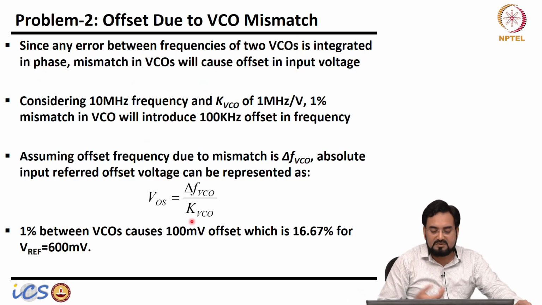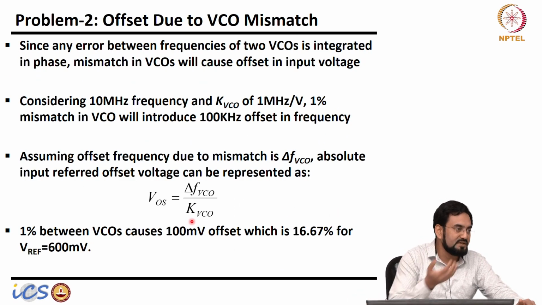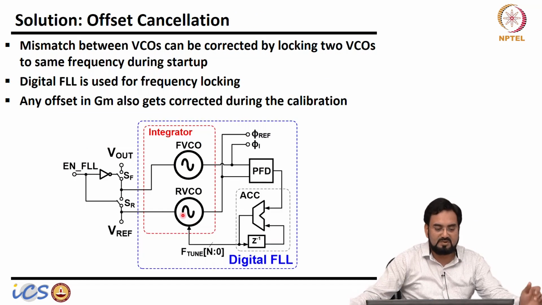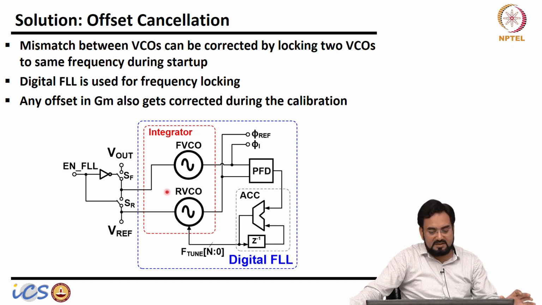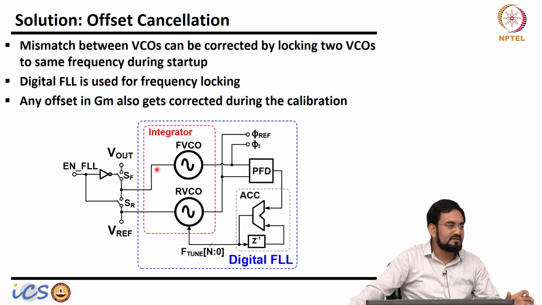We need to cancel this offset just like we do in the standard voltage mode. During startup, I connect both the VCOs' inputs to Vref and see if there is any frequency difference in the output. If there is a frequency difference, that means there is a mismatch, because both voltages are connected to Vref.